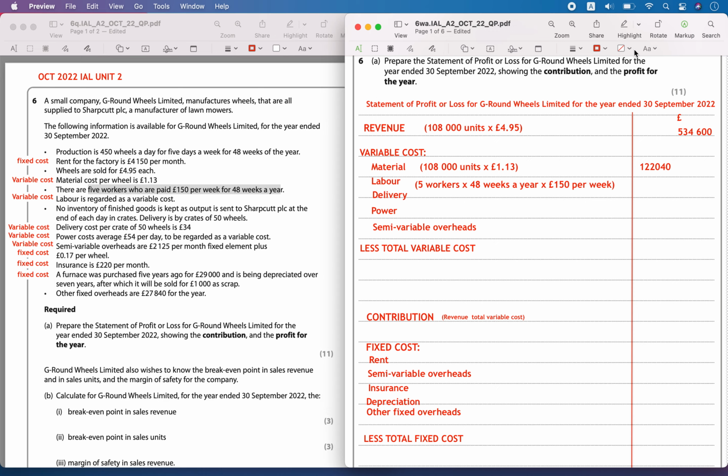So this is the labor cost. So 5 into 48 into 150 is equal to 36,000.